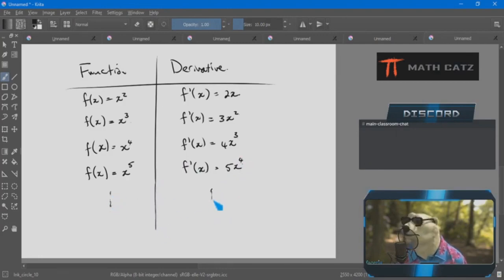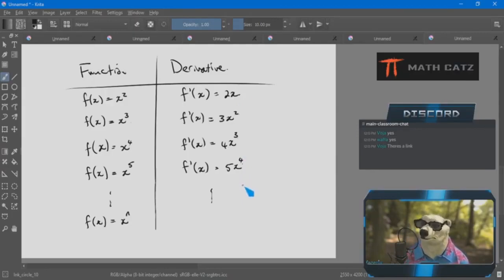Is there a pattern that I can see that if I have x to the power of n, how the derivative is linked to this function type? Of course, it's very specific. It's a single power of x. Now, whether you see the pattern or not, I think everyone would recognize there is a pattern here.